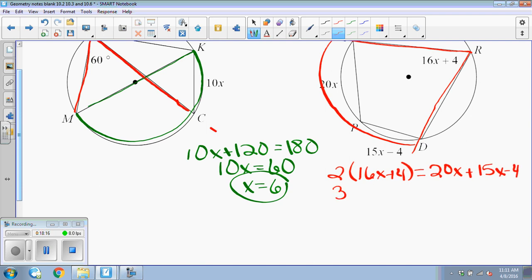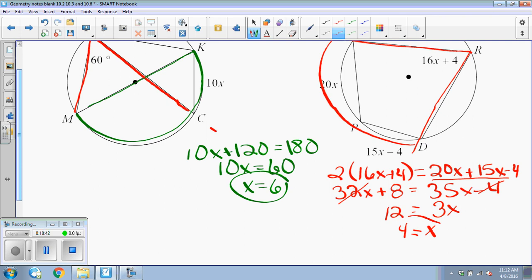So 32x plus 8 equals 35x, since 20x plus 15x is 35x, minus 4. Subtract 32x from both sides, and you get 3x over here. Add 4 to both sides. That becomes 12, so x equals 4. Easy peasy, right?